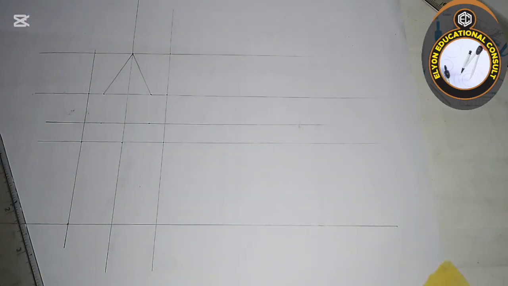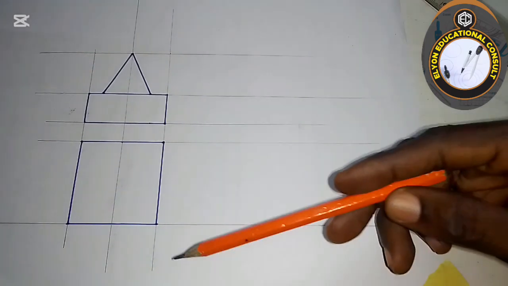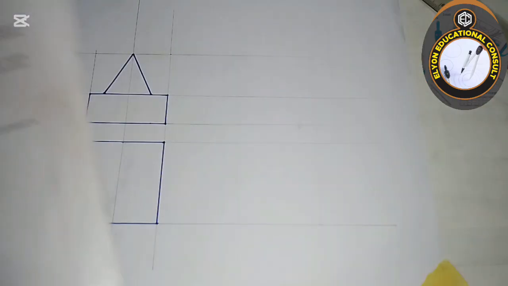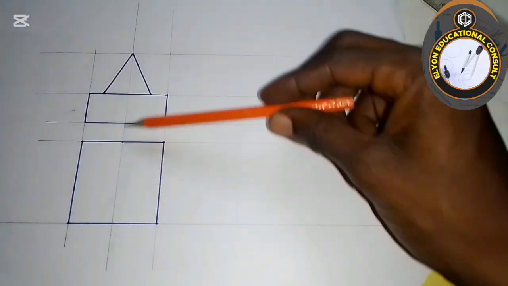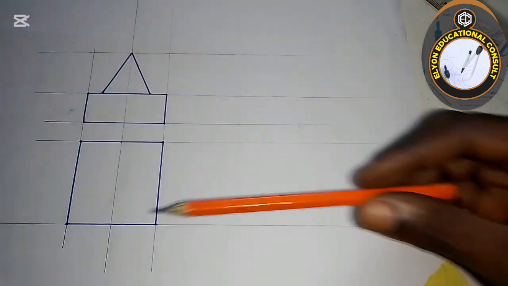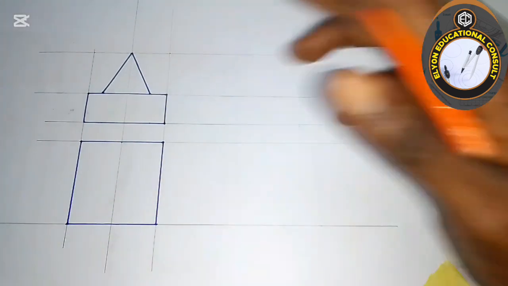So what I just need to do now is to highlight my view. So I've highlighted the given view now, and this completes the given view as we are given from the question. So just use your thick pencil to highlight that out.